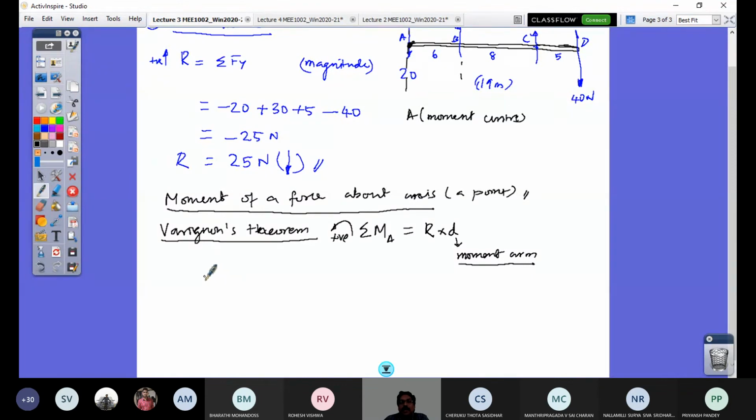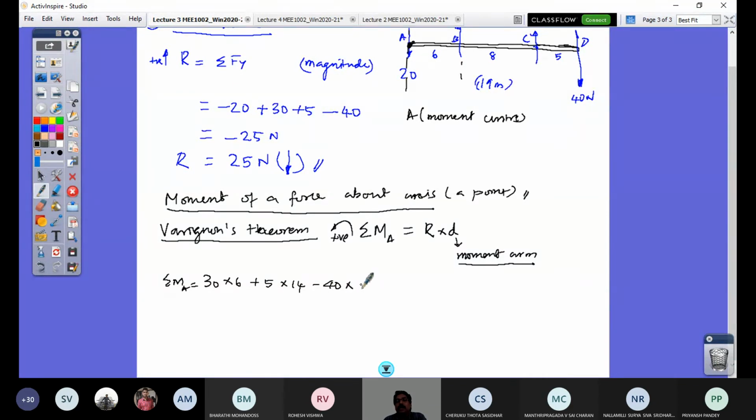The 30 Newton force would create sigma MA. I'm calculating: 30 Newton times moment arm 6, and the direction is counterclockwise, so it is positive. Then plus 5 times 14, again a counterclockwise moment, so positive. But the 40 Newton force creates a moment vector going into the plane, so that is a negative moment.